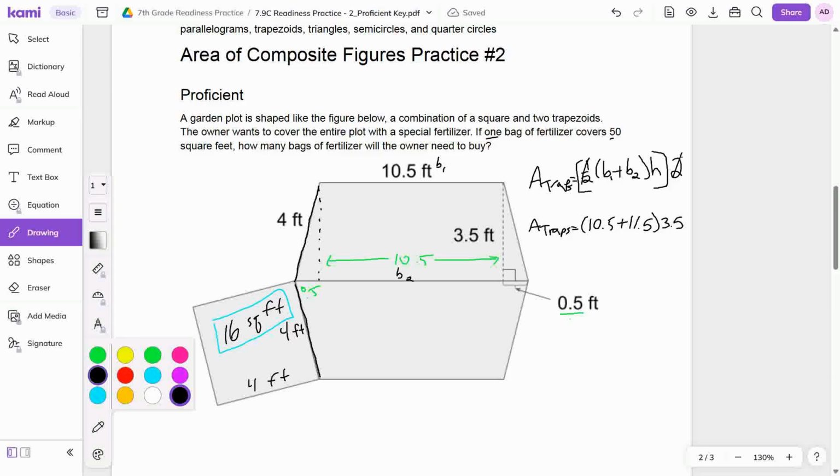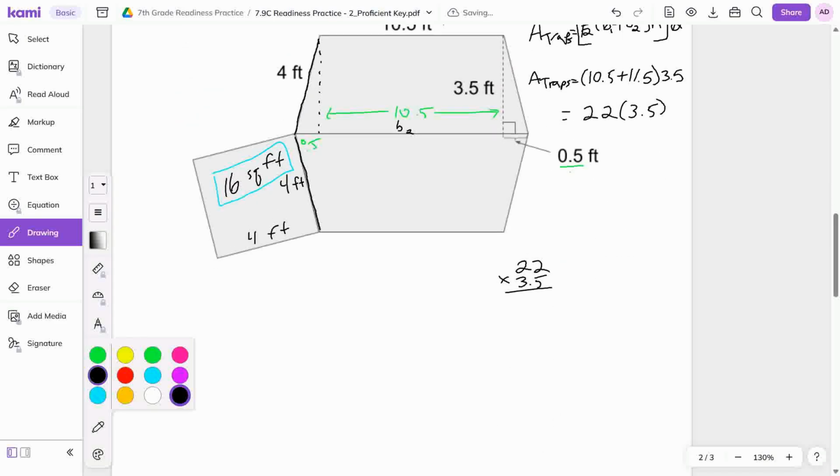All right, so if I add my 10.5 and my 11.5, I get 22. And then I need to multiply that by 3.5, so let's do that down here. 22 times 3.5. And I'm going to get 10, that's another 10, that's 11.